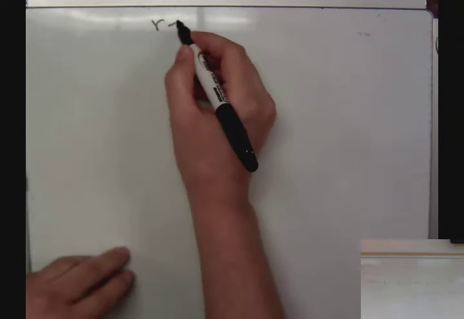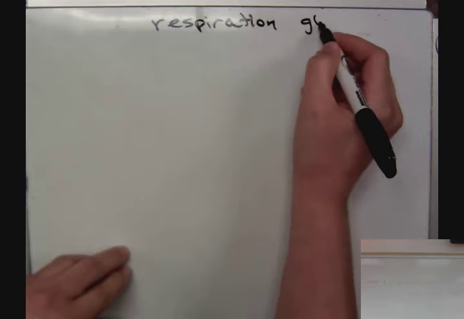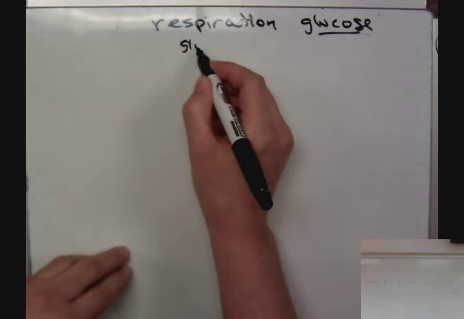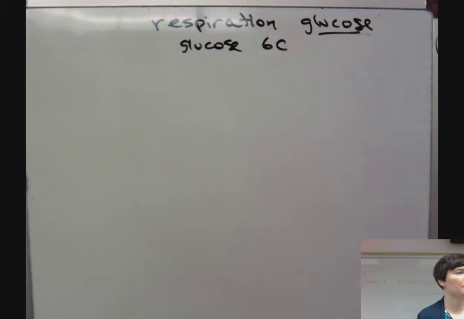So what's the first metabolic process? If we're doing respiration, which is what we're talking about right now, and we're starting with glucose, what do we do first? It's the first process that we take glucose through.